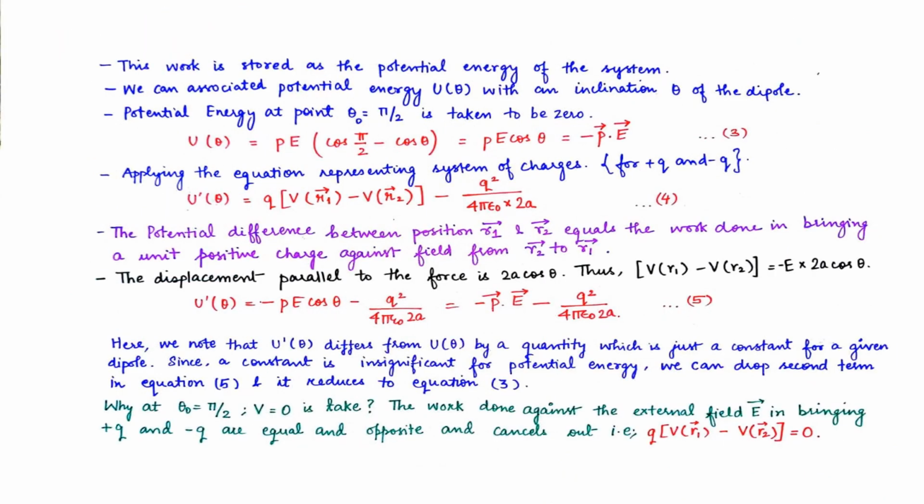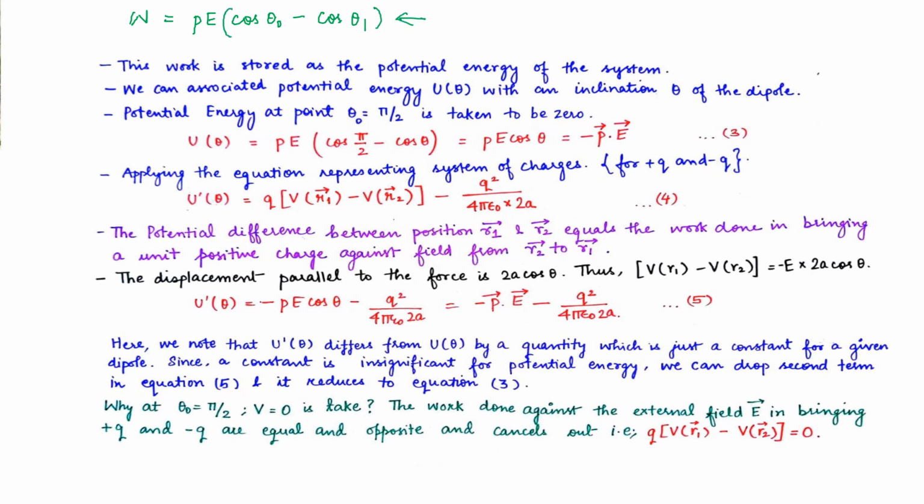We are solving it further. The previous equation I'll write on the top. What we have got is W equals Pe (cos theta naught minus cos theta 1). This is the value we have received so far.